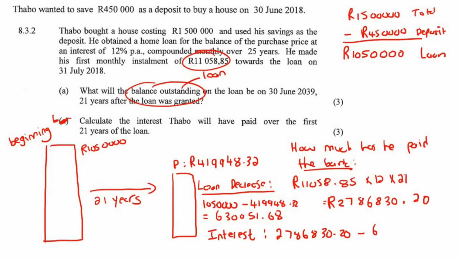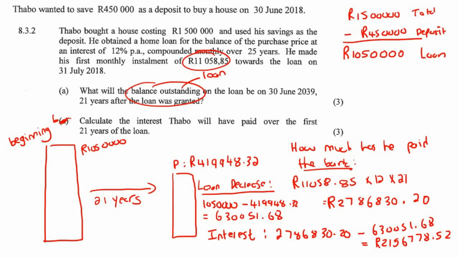The interest is going to be 2,786,830.20 minus 630,051.68, and that gives us 2,156,778.52. If you use the future value method, your answer will be a little bit different.